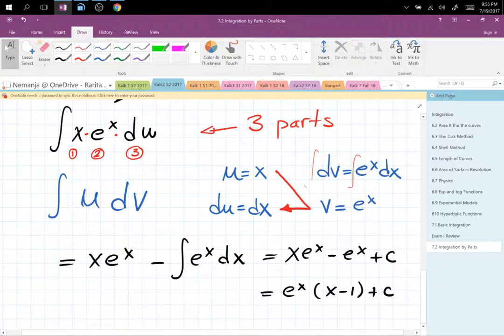Now, for those of you who really want to learn this, you are going to try other combinations, and you will see that the problem will become worse and impossible with any different choice than this one. So if you are inclined to explore, you are going to put e to the x here and keep x over there and see what kind of horror you're going to get.